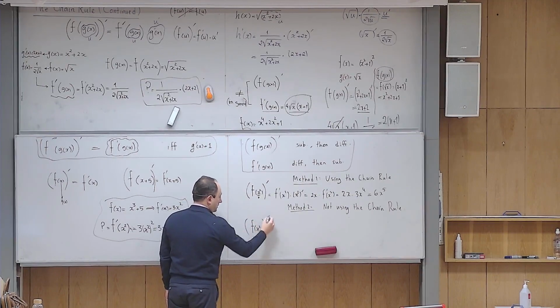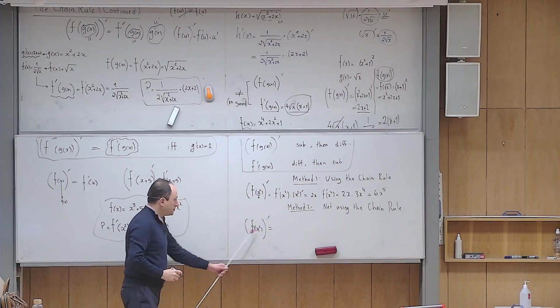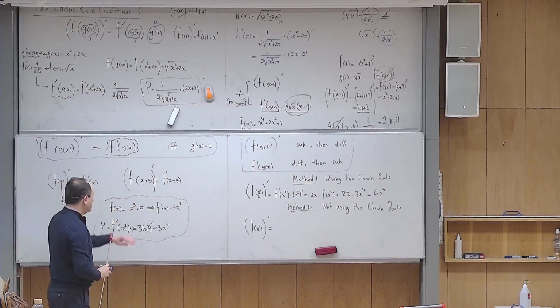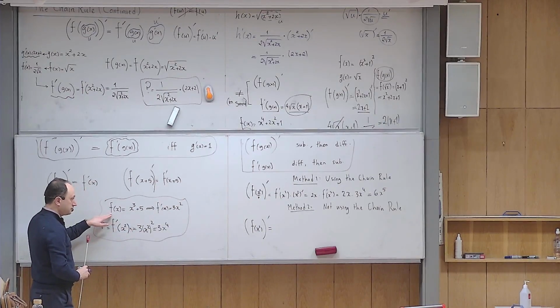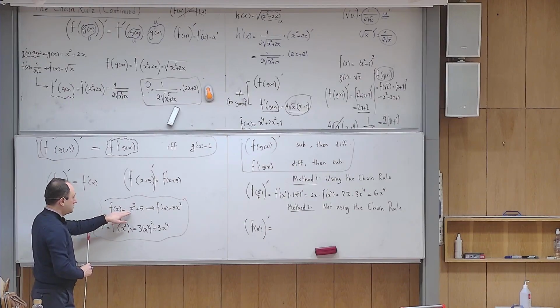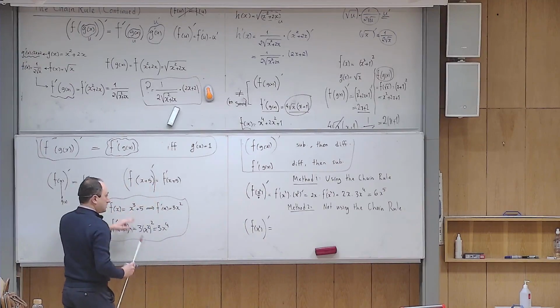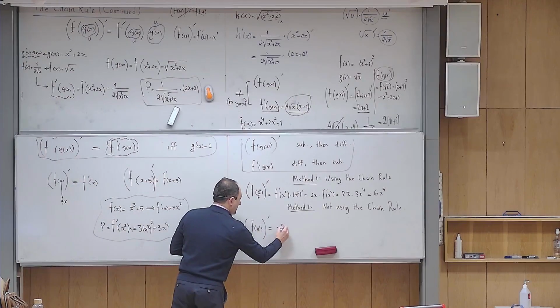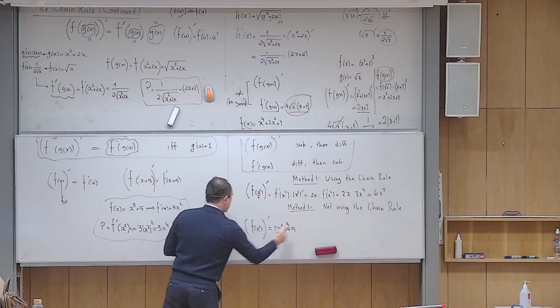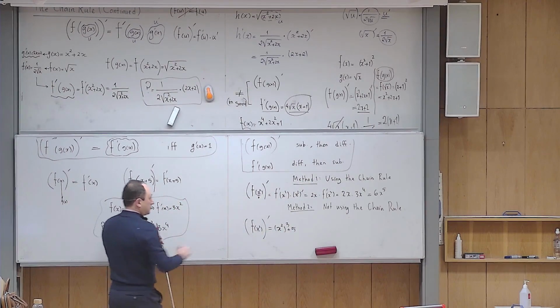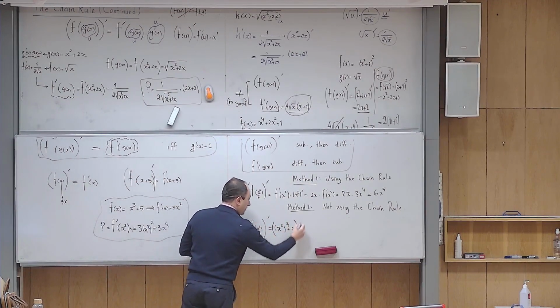If I ask you what is f of x squared, you have to go back to your f, do the substitution first, take x away, and substitute x squared instead. So this becomes x squared to the power 3 plus 5. And then I have a derivative for the new function.